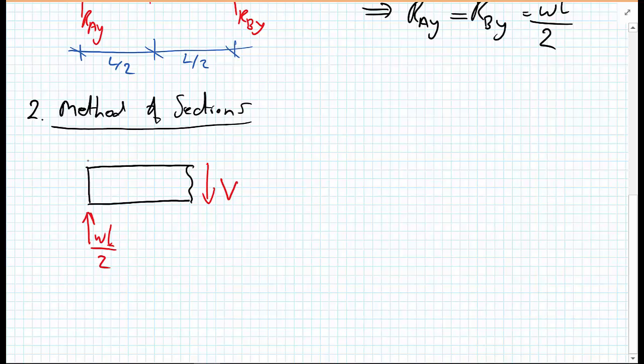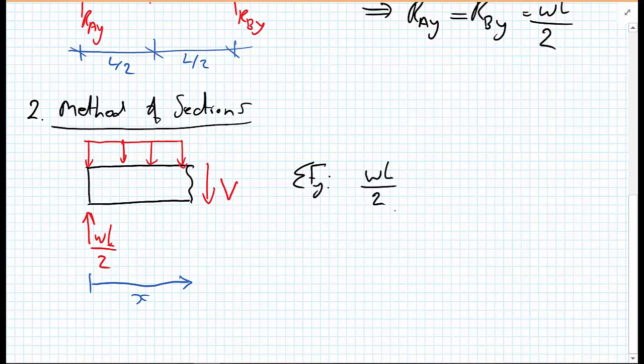In this case, we're going to put the full UDL, not the equivalent load, on there, and we take X in the horizontal direction. Again we take the sum of the forces in the Y direction. Pointing upwards we have WL upon 2.